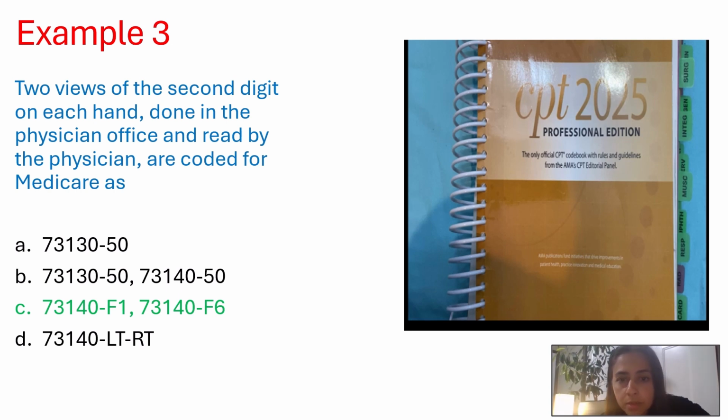I'm sorry I couldn't show this in my video, but it's in the front part of the CPT coding book. From there you can find the F1 modifier for the left hand and the F6 modifier for the right hand, and that is for the second digit. So our answer is 73140 F1 for the left hand and 73140 F6 for the right hand for the second digit.